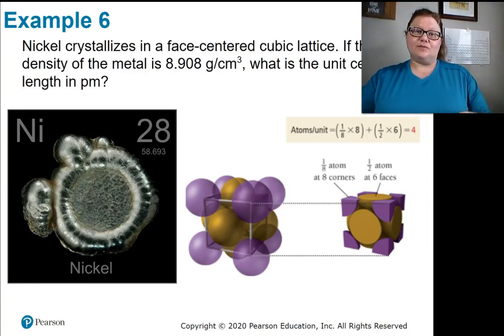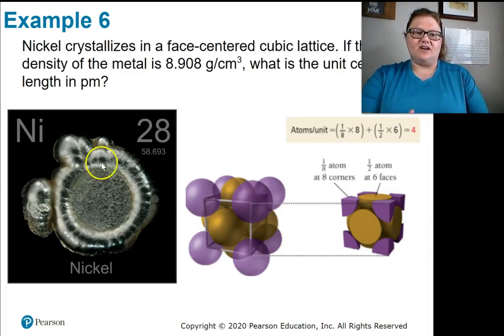If the density of the metal is given as 8.908 grams per cubic centimeter, what is the unit cell edge length in picometers? And so I'm reminding you on this slide what that face-centered cubic structure is again. So we can see there are 4 atoms per every unit cell for this type and where that 4 is calculated from. Again, this is our most complex unit cell structure that we're studying in this course.